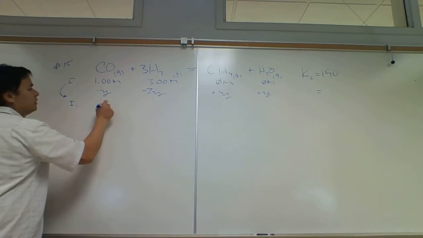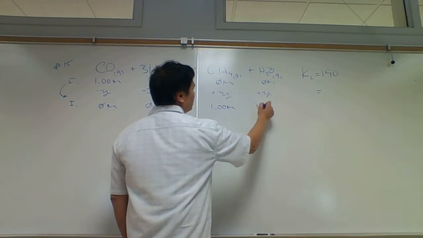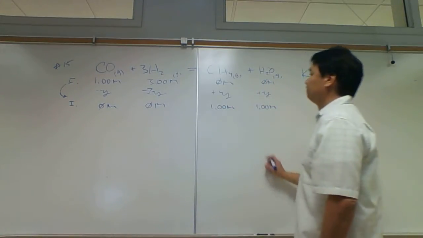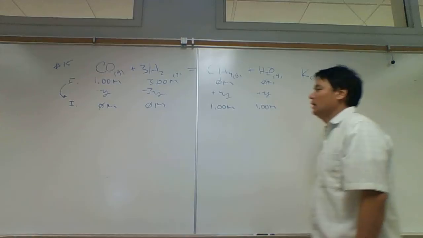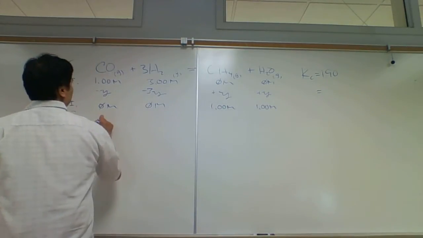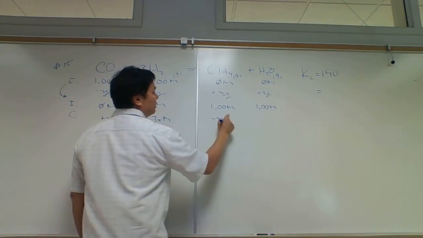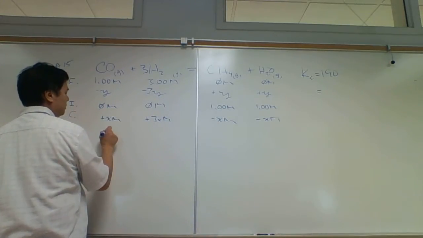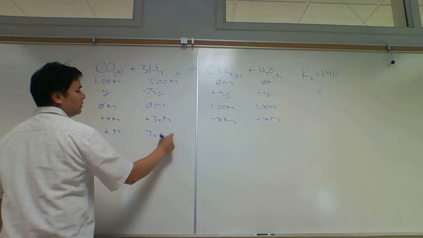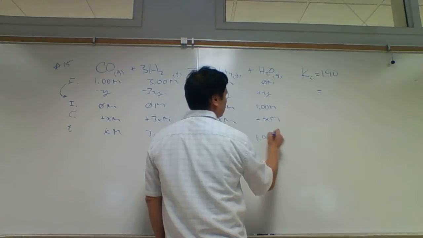And so this is going to go to 0, 0, and 1.00 molar and 1.00 molar. And so the change here is going to be plus x molar, plus 3x molar, minus x molar, minus x molar. And so at equilibrium, I'm going to have x molar, 3x molar, 1.00 minus x molar, and 1.00 minus x molar.